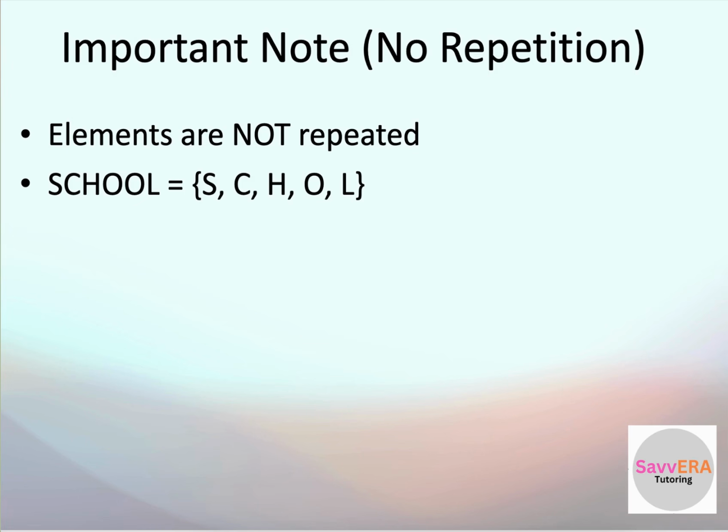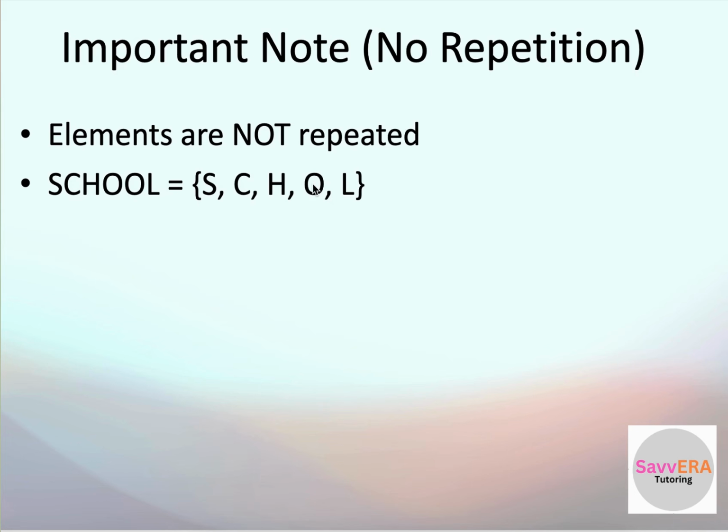The other thing we have to keep in mind is no repetition, which means we write the elements that are not repeated. If we were to write the letters of school, since there are two O's, we would only write one of the O's.